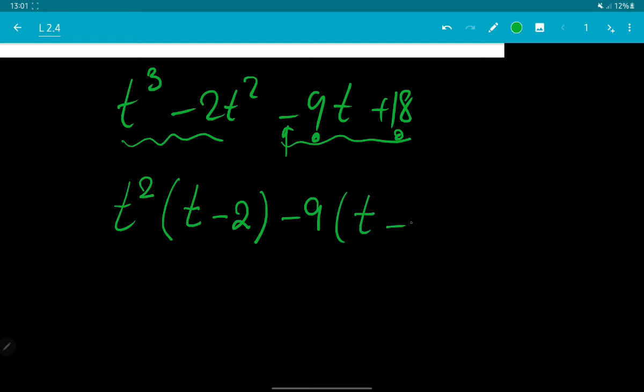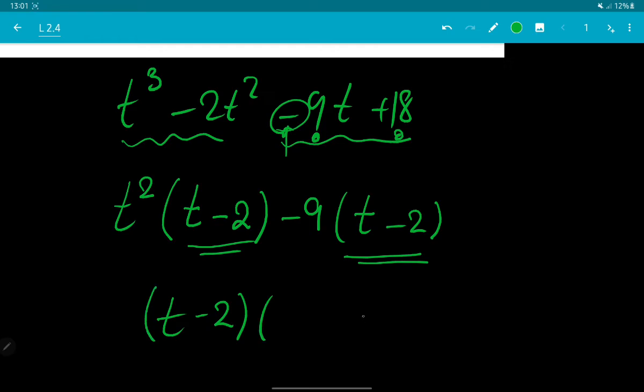Now we have t minus 2 in the bracket. If you didn't take this sign, this will be positive 2 and you will have different brackets. So take care about the signs. Now we have the same brackets, t minus 2. Now write what's outside, t squared minus 9.